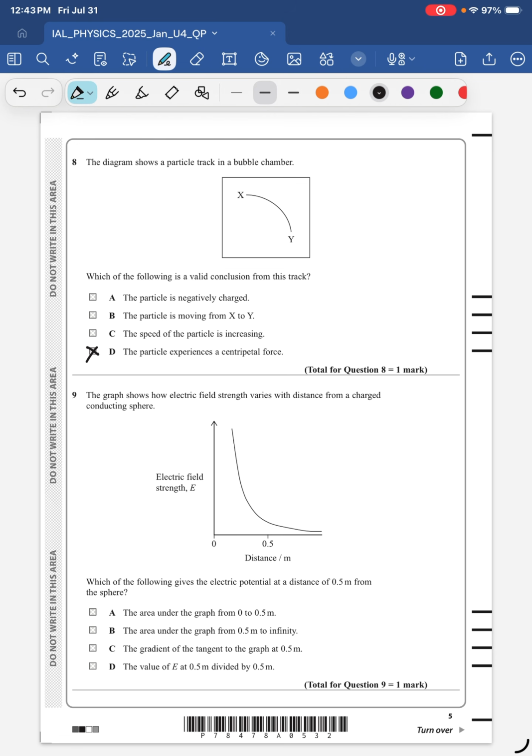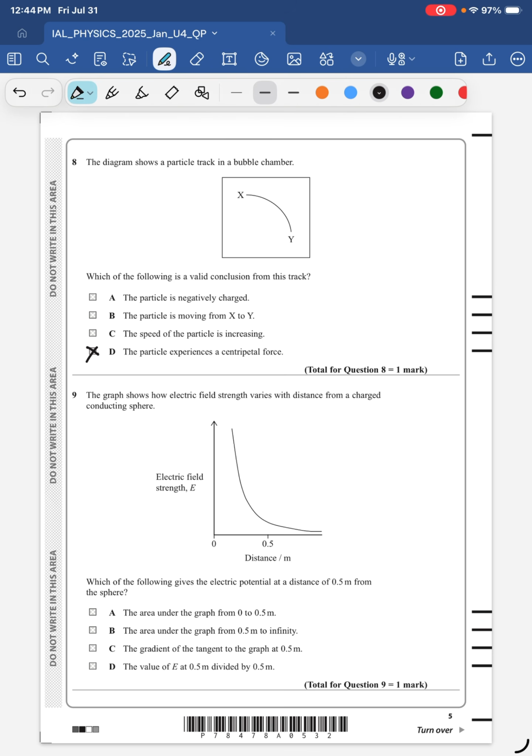Okay. 9. The graph shows how electric field strength varies with distance from a charged conducting sphere. So we have the electric field versus distance. Which of the following gives the electric potential at a distance of 0.5 meters from the sphere?